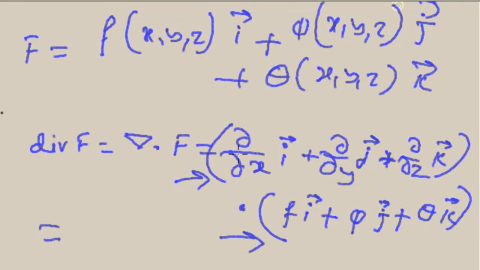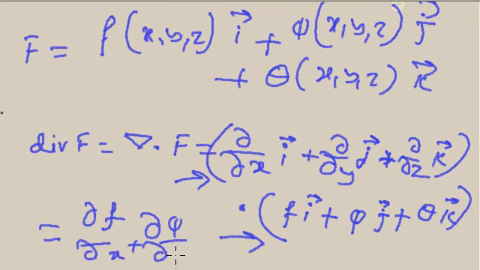So it is equal to del f by del x plus del phi by del y plus del theta by del z. So divergence of f is equal to del f by del x plus del phi by del y plus del theta by del z.